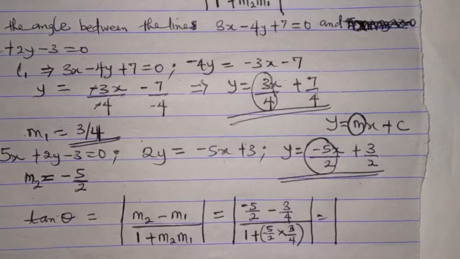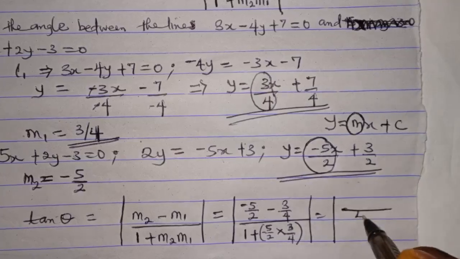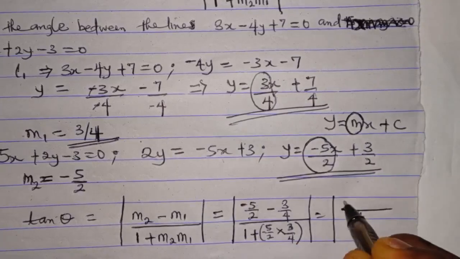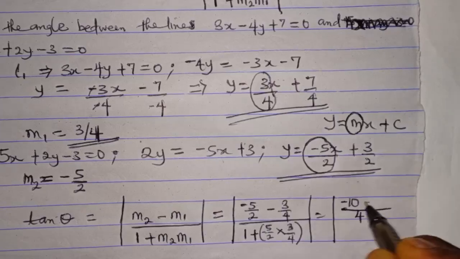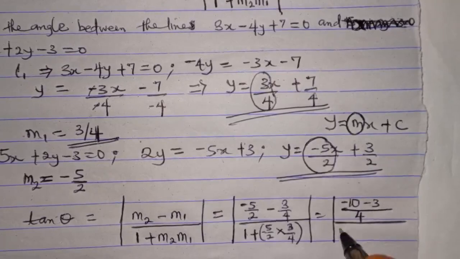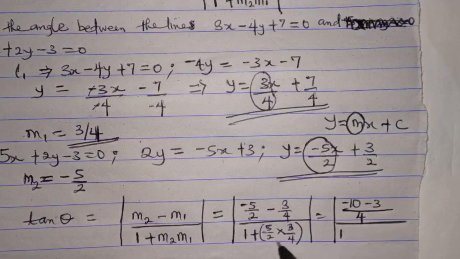Minus 5 over 2 minus 3 over 4, using LCM, this is what we have. The LCM is 4. 4 divided by 2 is 2, times minus 5 is minus 10. 4 divided by 4 is 1, times minus 3 is minus 3. Divided by 1 plus, minus 5 times 3 is minus 15 all over 8, since 2 times 4 is 8.